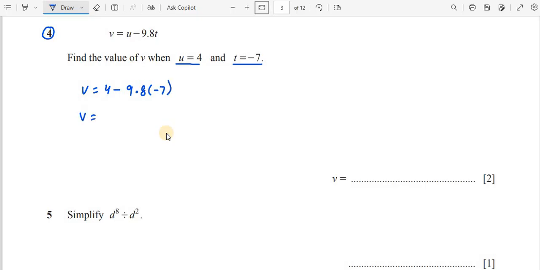So V is equal to 4, minus multiplied by minus is plus, 9.8 multiplied by 7 is 68.6. Summing these values, we get V is equal to 72.6. This is our final answer.